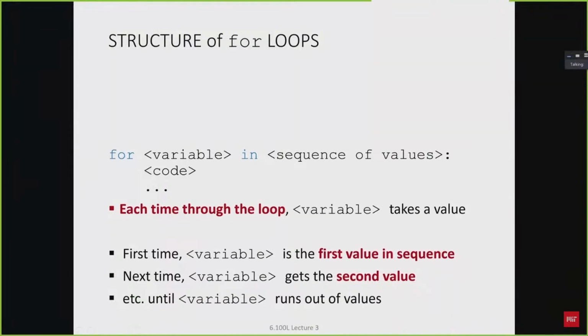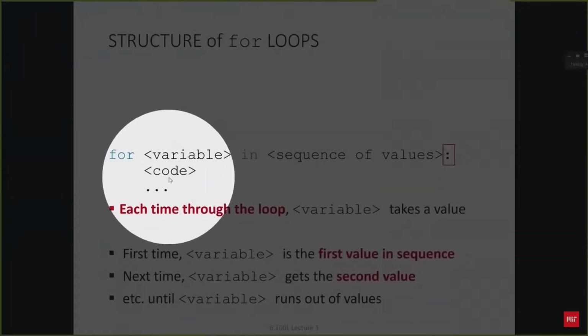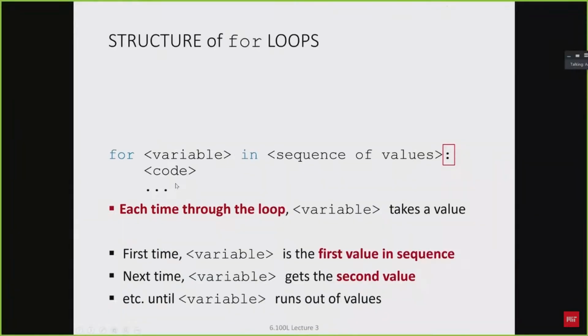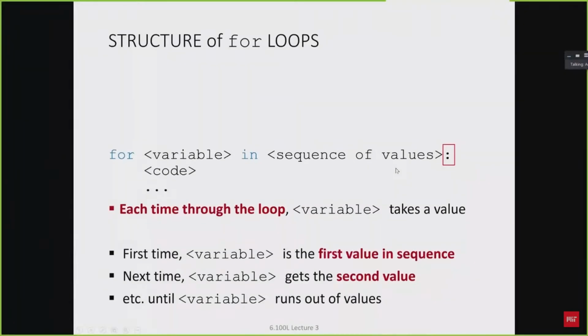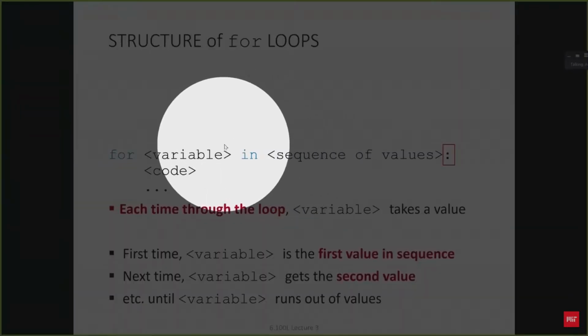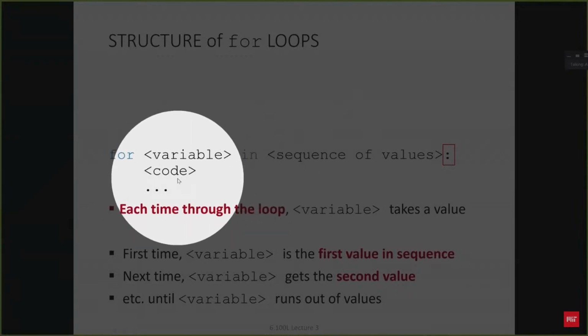Again, we have a colon that tells Python we're going to start a code indentation here. And whatever lines of code you have that are indented are going to be executed however many values you have in the sequence. So the first time through the loop, Python will make this variable name take on the first value in the sequence, and then it's going to execute this code.